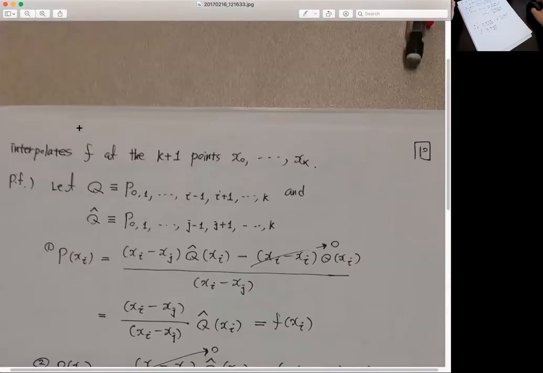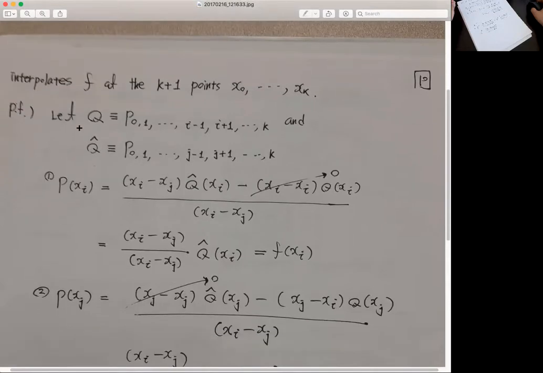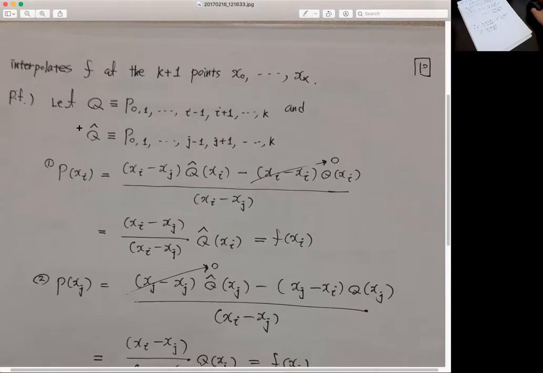Next, we want to prove that P of x interpolates f at the k plus 1 points, x0 through xk.